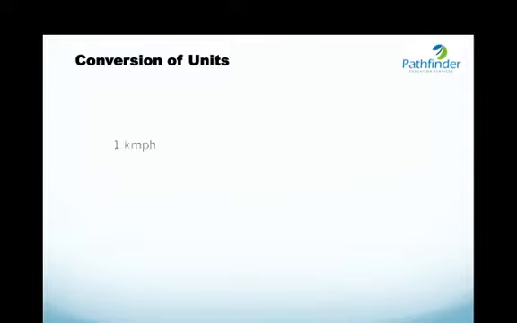Let's say we have 1 kilometer per hour and we need to convert this 1 kilometer per hour into meters per second. So what is the meaning of 1 kilometer per hour? If you carefully look at the meaning, it implies 1 kilometer upon 1 hour. Now when you have to convert this into meters per second, you will convert the distance unit kilometer into meter.